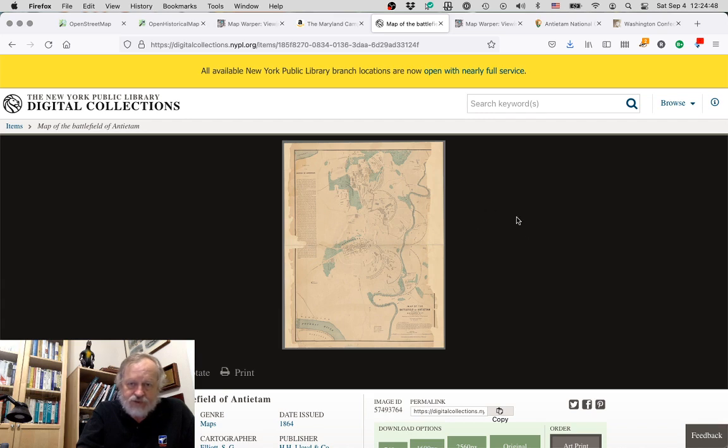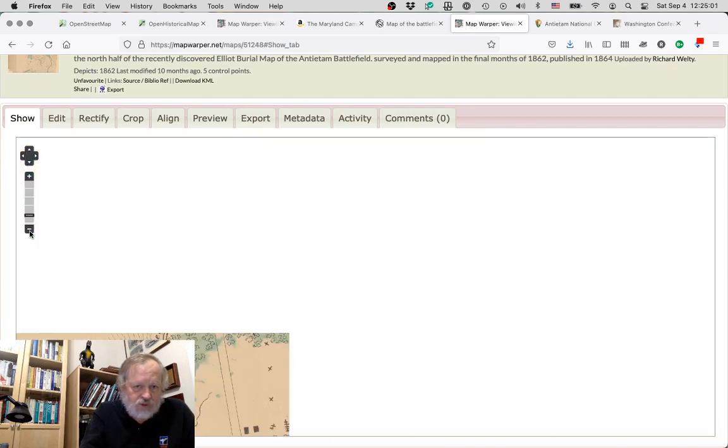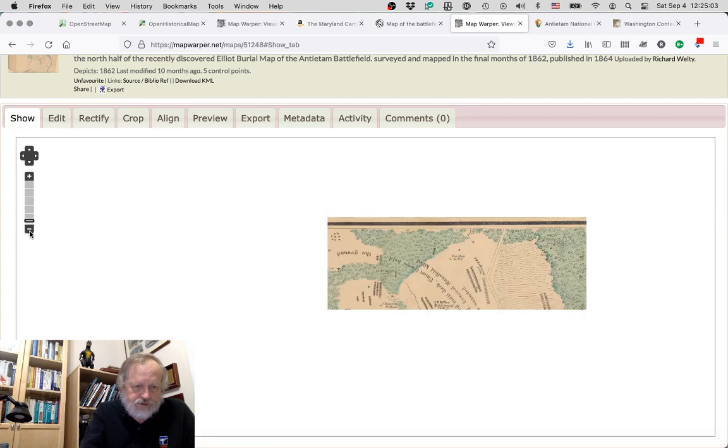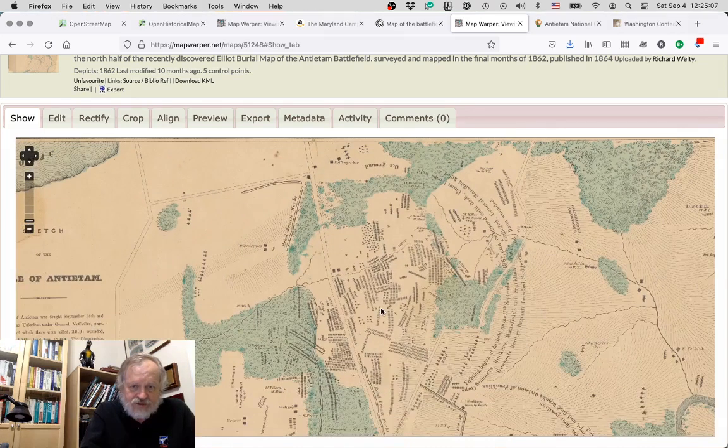It's a little bit sad because it's a good resource, but so be it. So here is the Elliott Map, which I have loaded partially into mapwarper.net, which people should know by now.